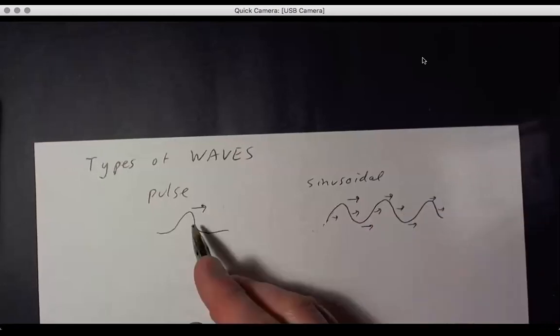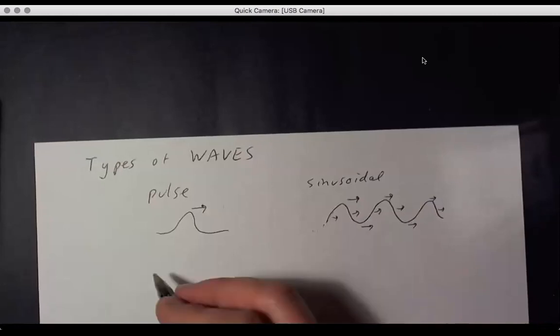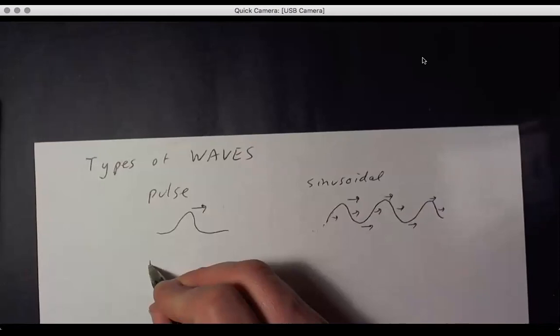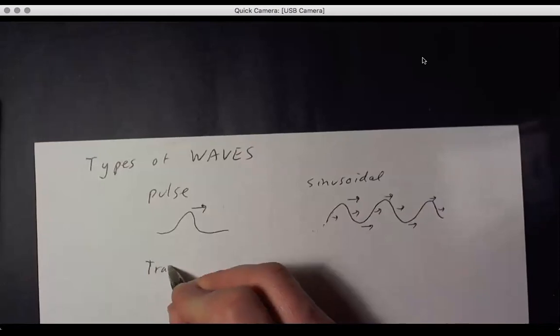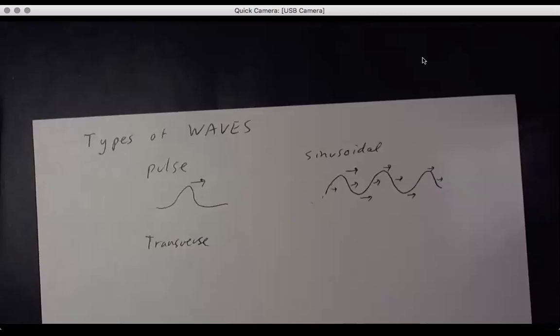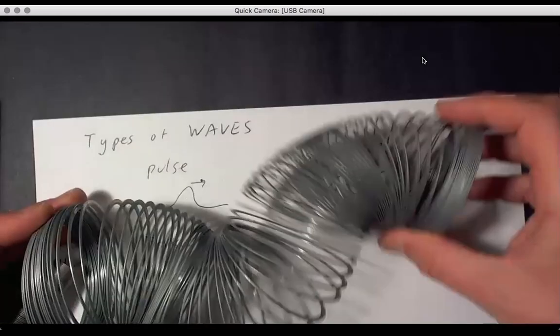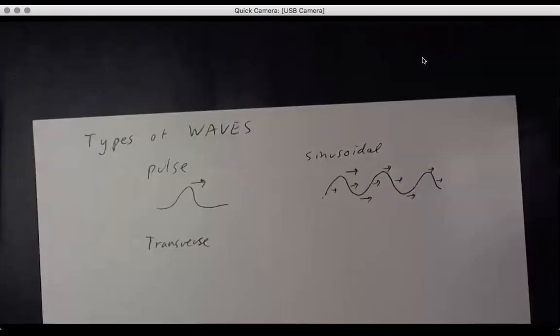Same with the pulse. The other way to think of splitting waves up is transverse. And the waves I was just showing you are transverse. They go off to the side. The displacement is perpendicular to the velocity.